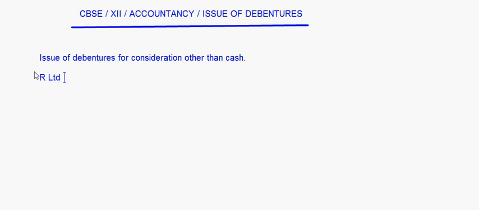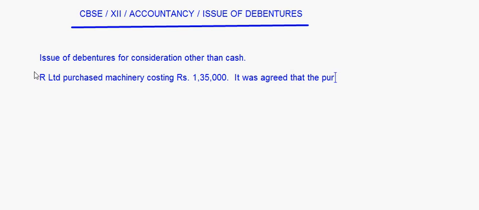R Limited purchased machinery costing rupees 1,35,000. It was agreed that the purchase consideration be paid by issuing 9% debentures of rupees 100 each.